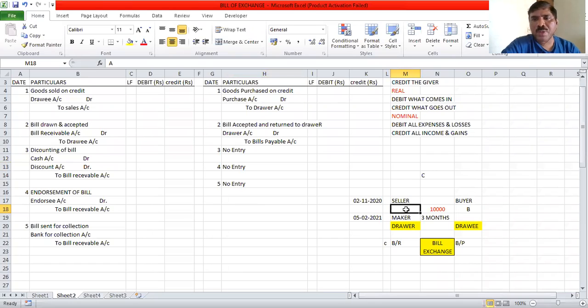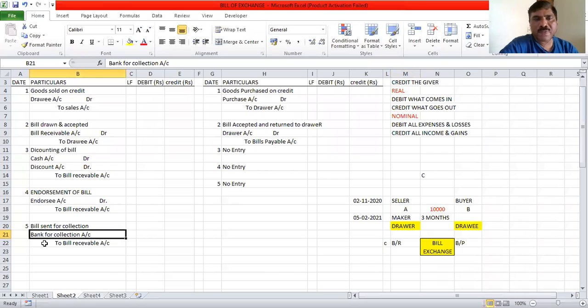As and when the due date comes, he will send that bill to the bank for collection. So before that due date, he will give that bill to the bank, and the bank will be the receiver for the collection of the bill. Therefore, the bank account should be debited. Therefore, we will write here bank for collection.